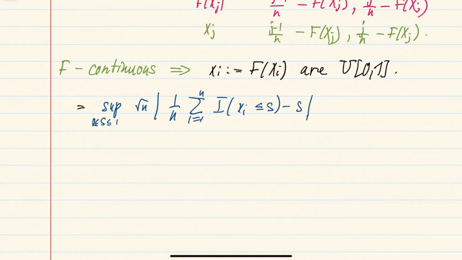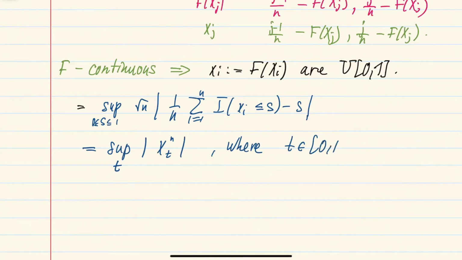And so you can see that this expression now becomes independent from the CDF F, in the sense of the distribution. The distributions of these little xi's are uniform, so there is no longer any reference to the CDF. Now let's write this final expression as a supremum over t. Now I'm going to go back to the variable t just for convenience, where I renamed s into t, so t from now on will be between 0 and 1.